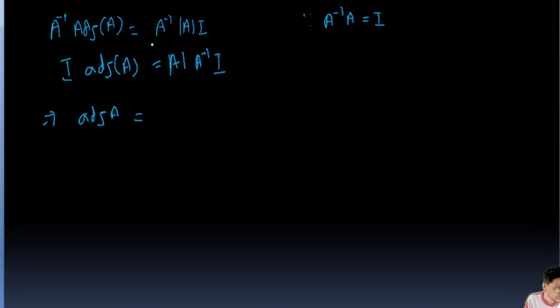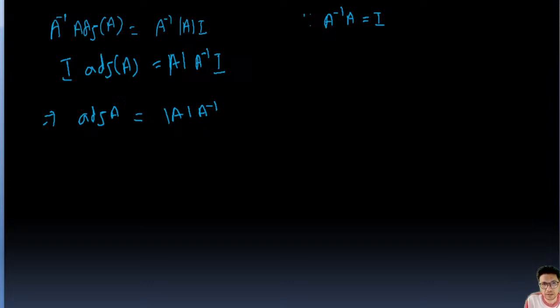So the adjoint of A is equal to the determinant of A times A inverse, because if you multiply the identity matrix with any matrix, it gives the same matrix.